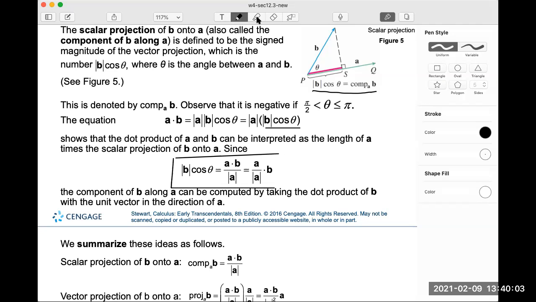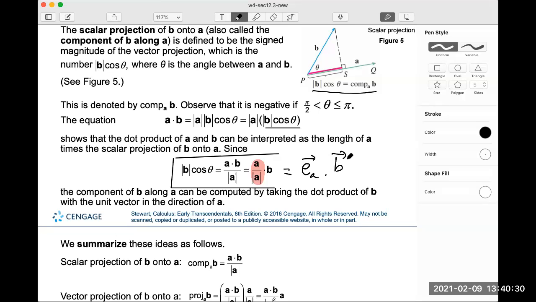But look at this. What is this guy? Yes, thank you, Aluk. This is the unit vector in the direction of vector A. Do you all see it? That vector divided by its magnitude.